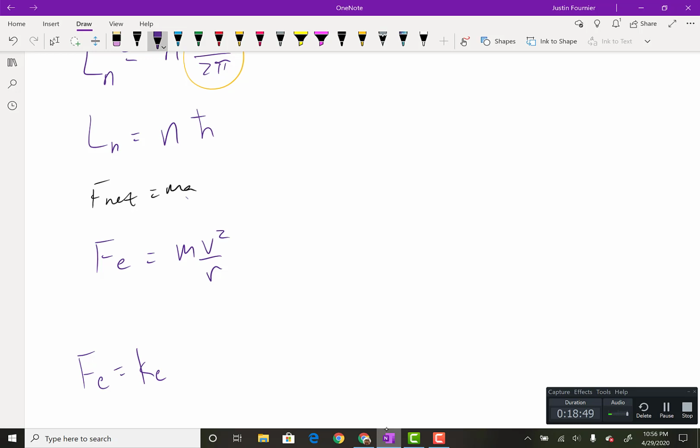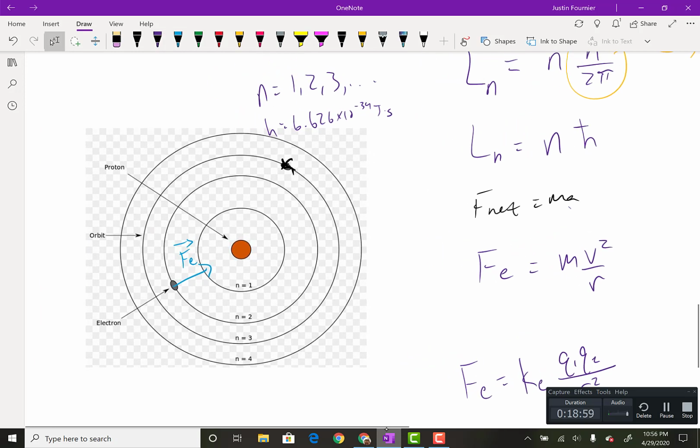That's a constant you can look up. Then Q1 Q2 over r squared, how far away it is squared. As for the charges, the charge of an electron has magnitude e, the elementary charge, and the charge of a proton is also the elementary charge e.